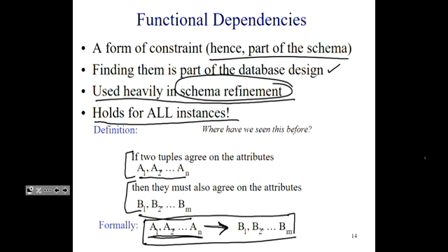Okay, so where have we seen this before? We've seen this before during ER diagrams and conversion using SQL to a relational model. Where have we seen the notion of if two tuples share this set of values, then they also share the other set of values?